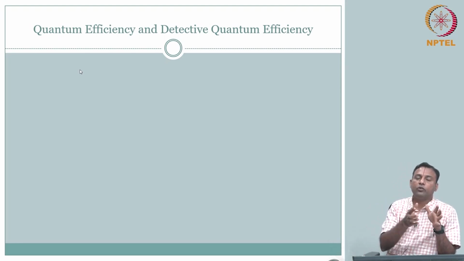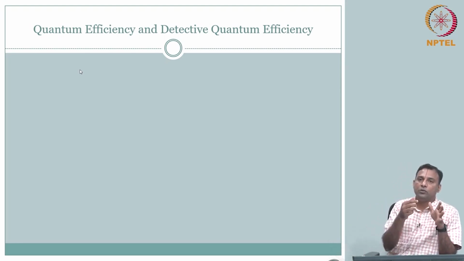In the detector, what is going to happen? This X-ray photon has to be converted to a light photon, right? We are interested in this with the intensifying screen. That's the paradigm that we are talking about. So what is the chance that this will get absorbed, interact with the material?